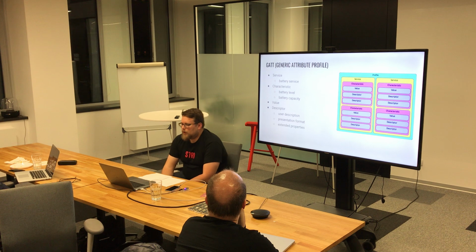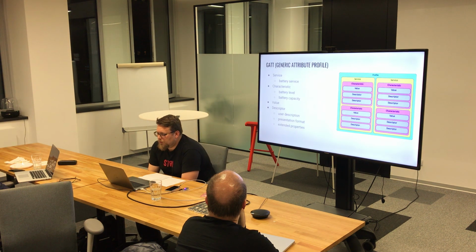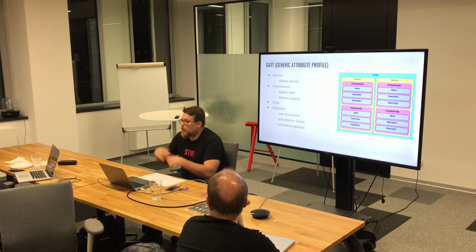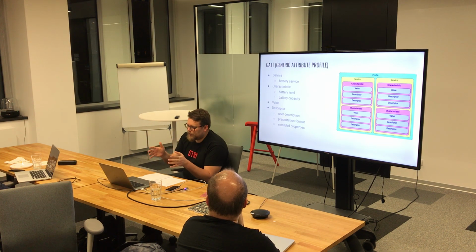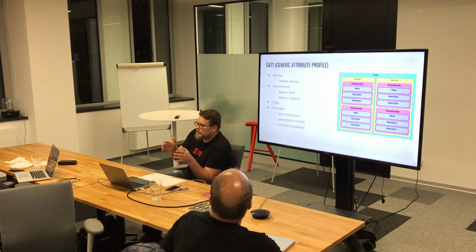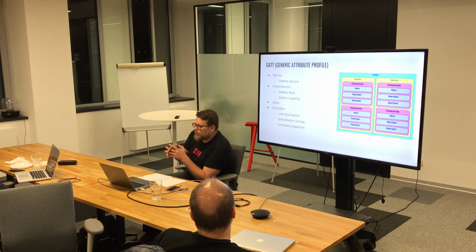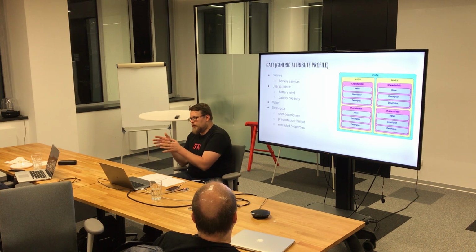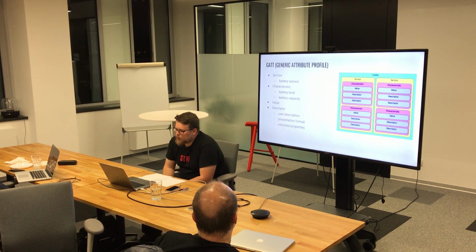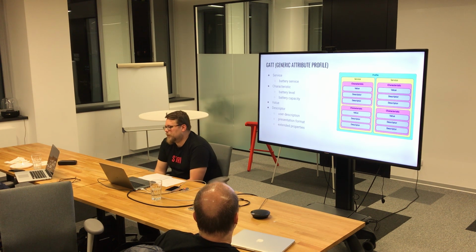How it works? We have something that is called service, which is basically a collection of characteristics. And characteristic is something that contains data and information about how to work with those data. So you can imagine it as a very simple file system.